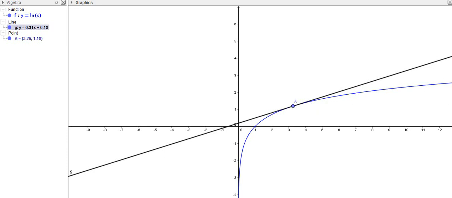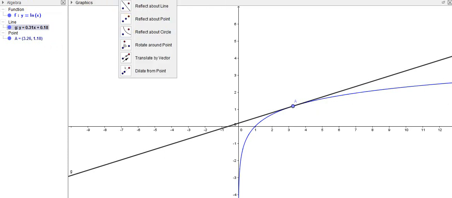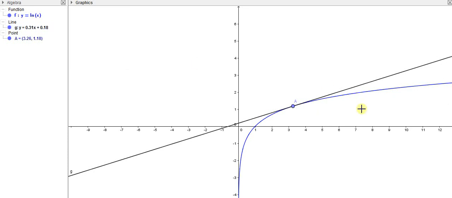Let me just find out the slope first. The slope of this line, as you can see, is 0.31. So the point B will have the x coordinate of A and the y coordinate of the slope.